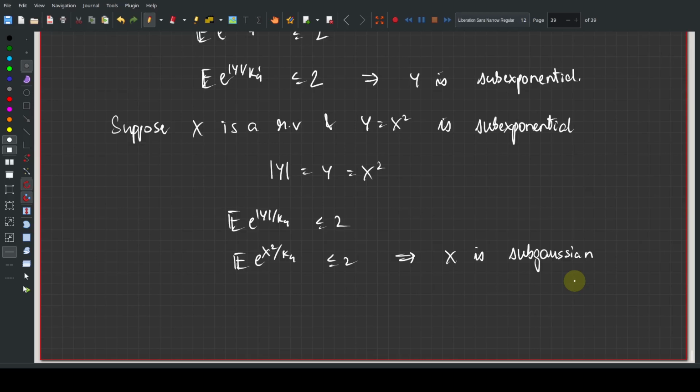If it is sub-Gaussian, yes, it is also sub-exponential. That's right. The class of sub-exponential distributions is more general than the class of sub-Gaussian distributions. Basically, it contains the class of sub-Gaussian distributions. Correct.